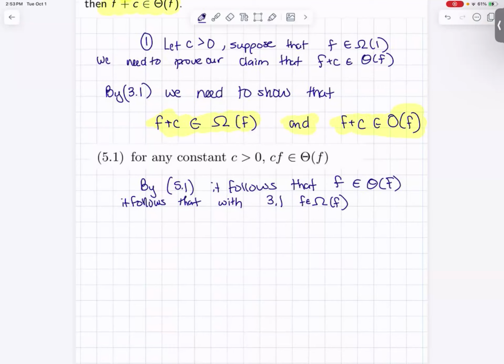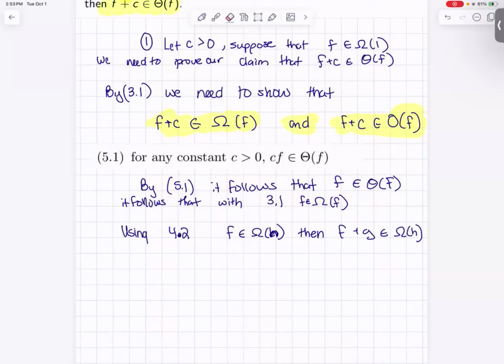And using what we've seen previously as well, 4.2, which a reminder is if f is in big omega of h, then f plus g is in big omega of h, something like that.